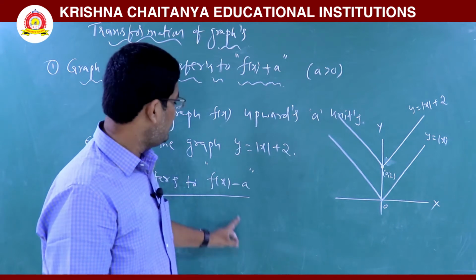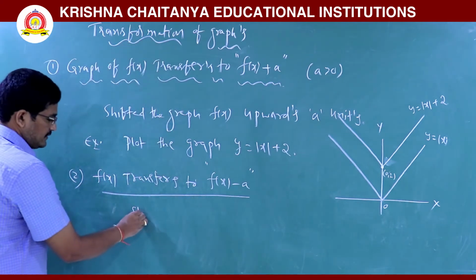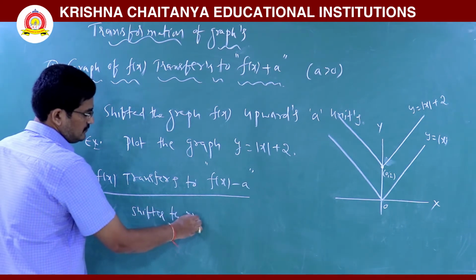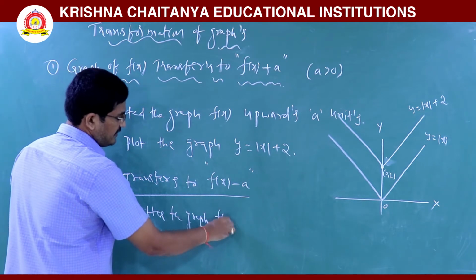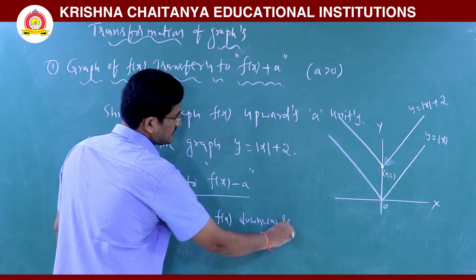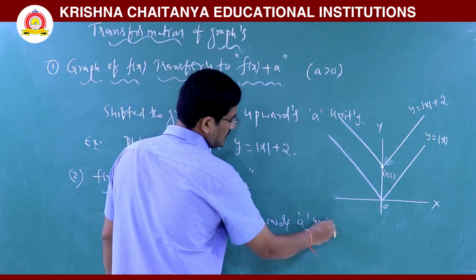So what is the logic here? Shift the graph f of x downwards a units. Okay, a units.